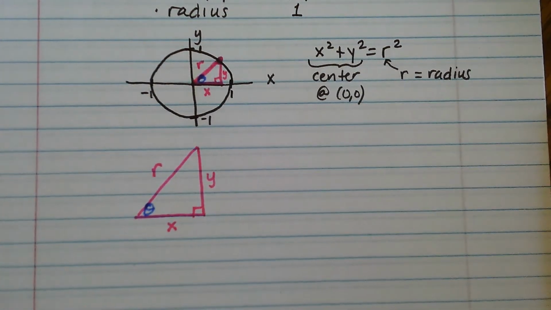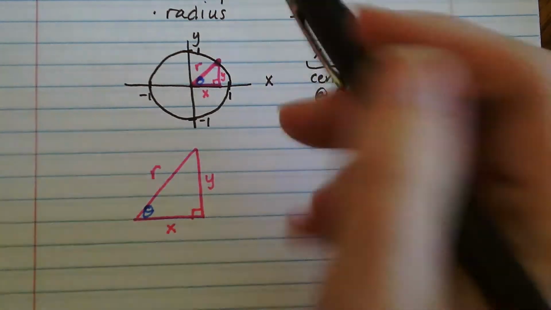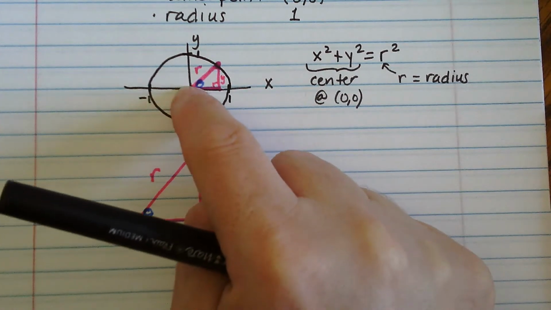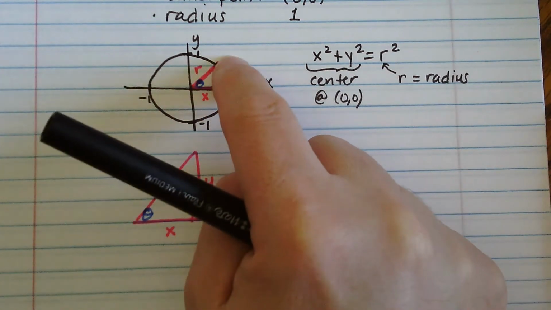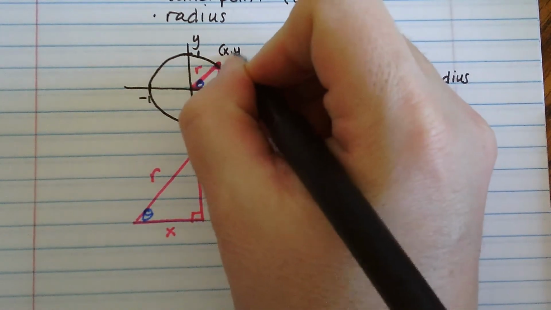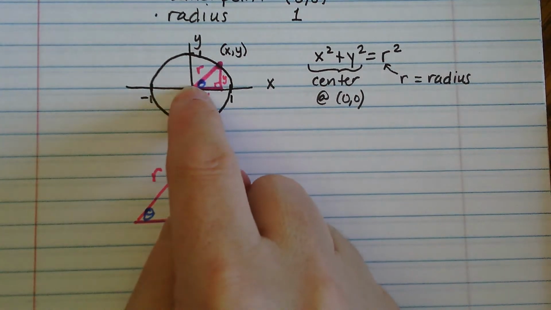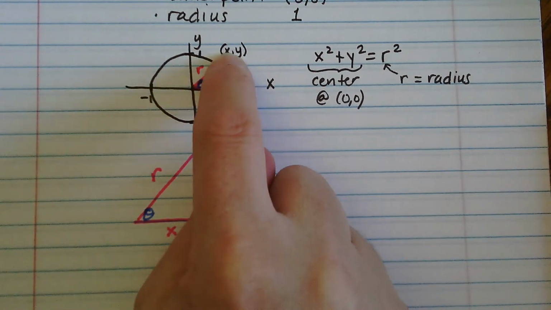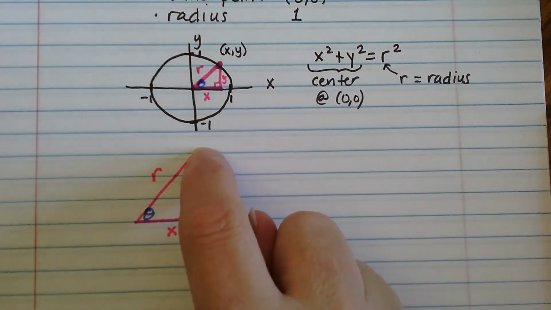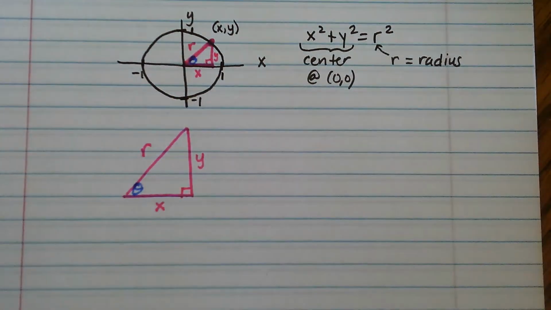And one other thing that I forgot to mention, although I don't know if it needs mentioning, is that this coordinate up here on the unit circle is x distance comma y distance. So this is going to be a coordinate they give you, x comma y. Okay? And so you would plot it by going x this way, y this way, and boom, there goes your point. That's what this coordinate means. So, but right now, this is the same diagram as this.